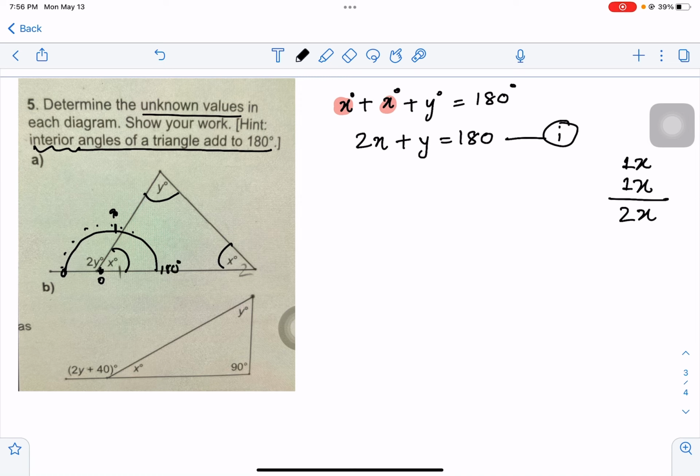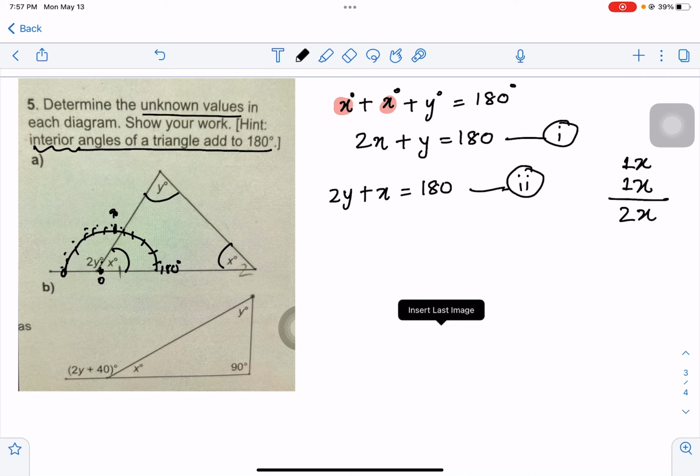So this shows that the interior angle x and the 2y degrees add to 180. So 2y plus x is also 180. This is another equation, equation 2. Now if you want to find the value of x and y, you have two equations and two unknown values. That means you will be able to find them.